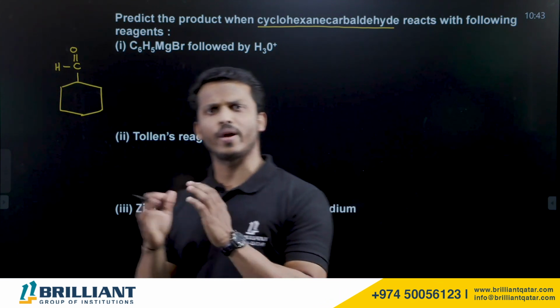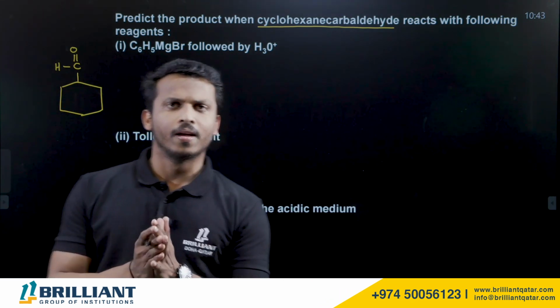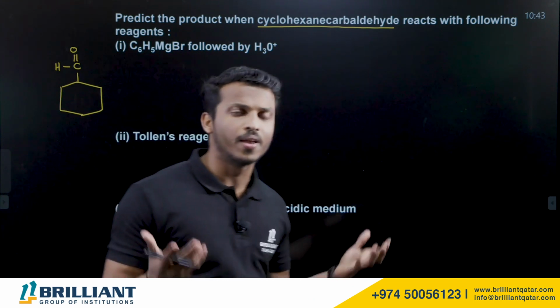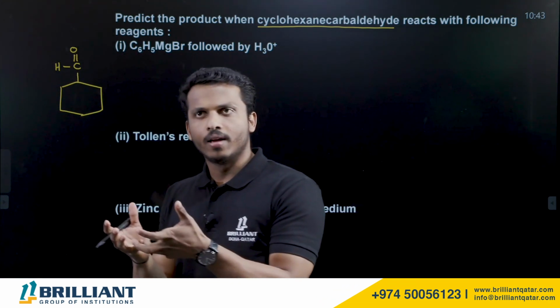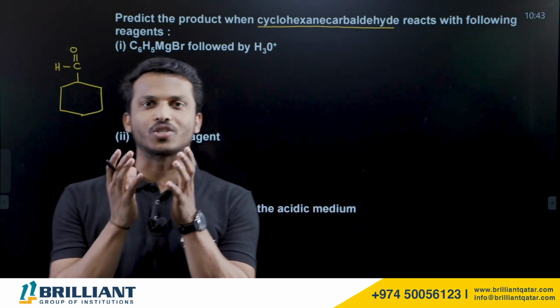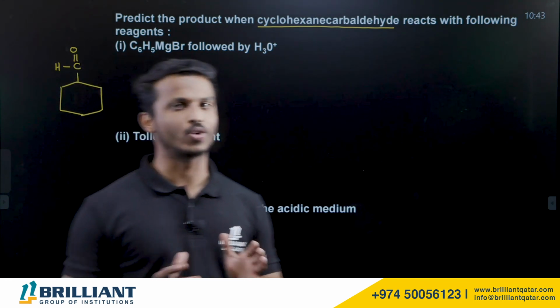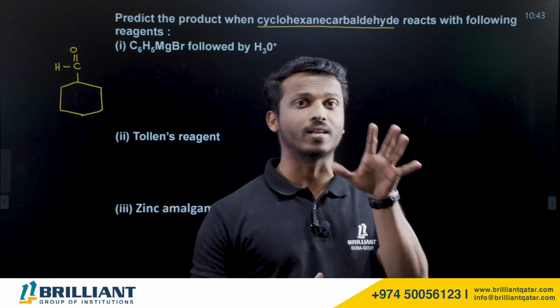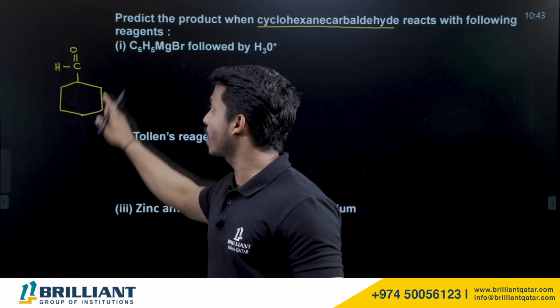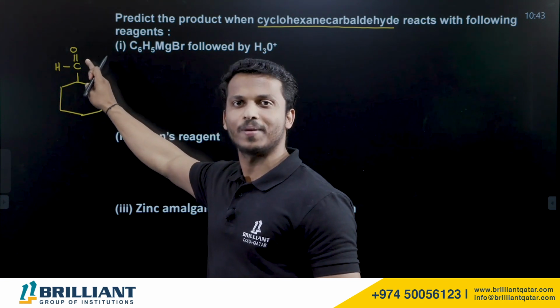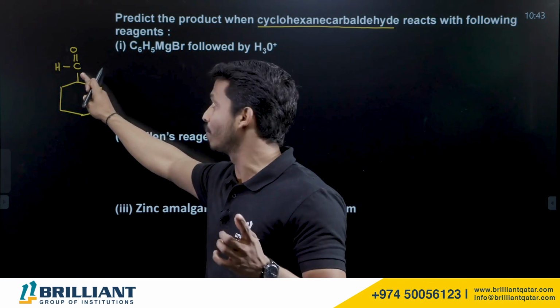Why the name cyclohexane carbaldehyde? Can we call it cyclohexanol? No. Because when you say cyclohexanol, the aldehyde carbon is not included in the name. Cyclohexanol means there are total 6 carbons, but the 7th carbon is which one? Actually the number 1 carbon, that is the aldehyde.